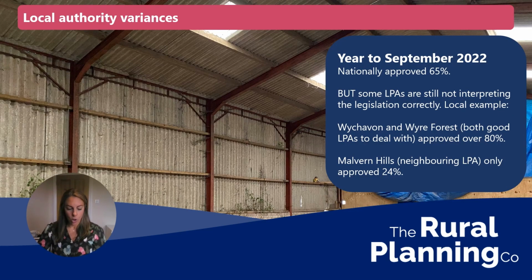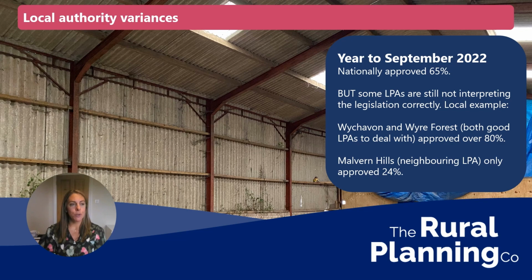There are quite a lot of differences in how local authorities deal with Class Qs. Now, Class Q applies to England, and in an ideal world, it would be determined the same in every local authority in England.